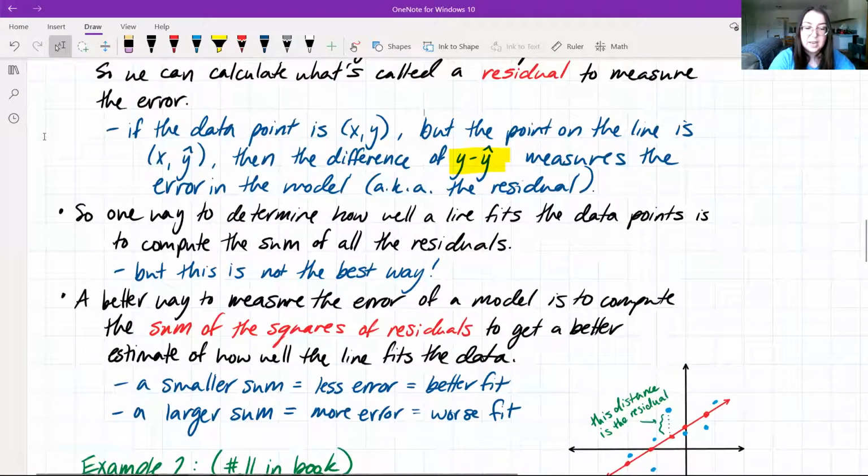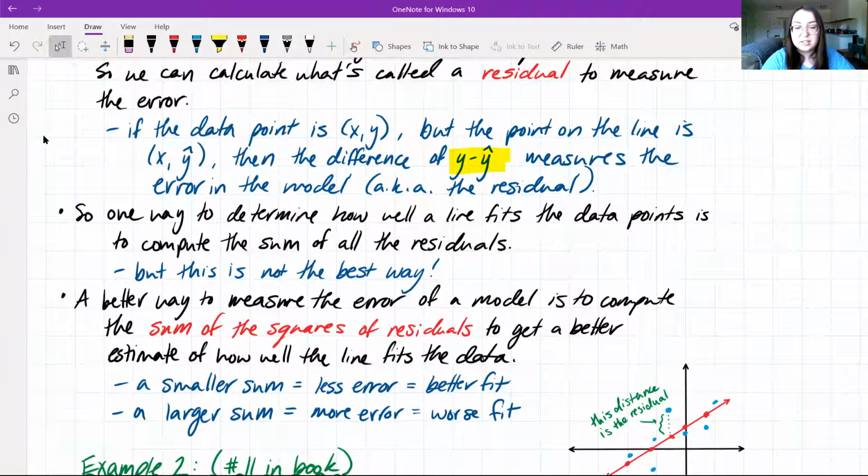So if the data point we have is x, y, but the point on the line is x, y-hat, with a little caret on top of it, we're just going to call that y hat, because it kind of looks like it's wearing a hat. So your data point is x, y, but your point on your line is x, y hat.